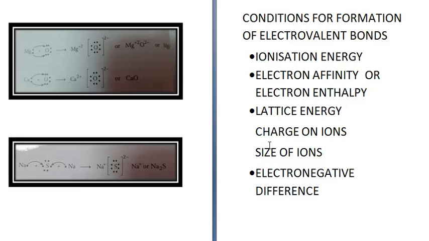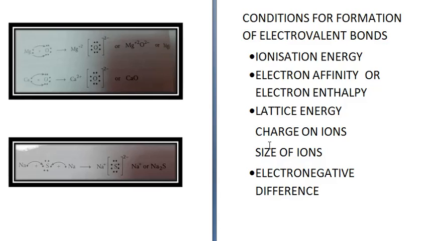Next is electronegativity difference. Greater the electronegativity difference between two atoms, higher will be the possibility of ionic bond formation. Now, normally ionic bond is formed when the electronegativity difference is greater than 1.9 between the cation and the anion. No bond is 100% ionic. It has some percentage of covalent character.